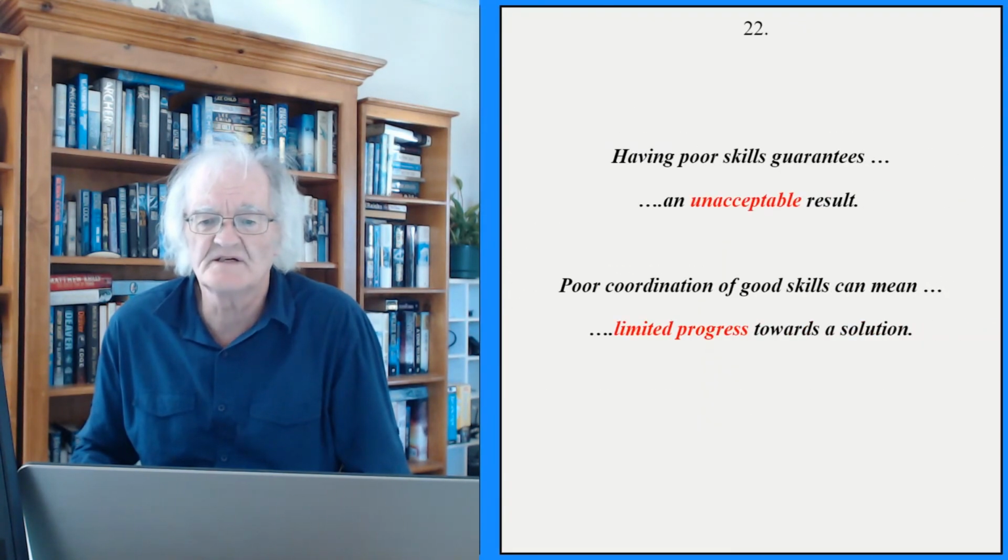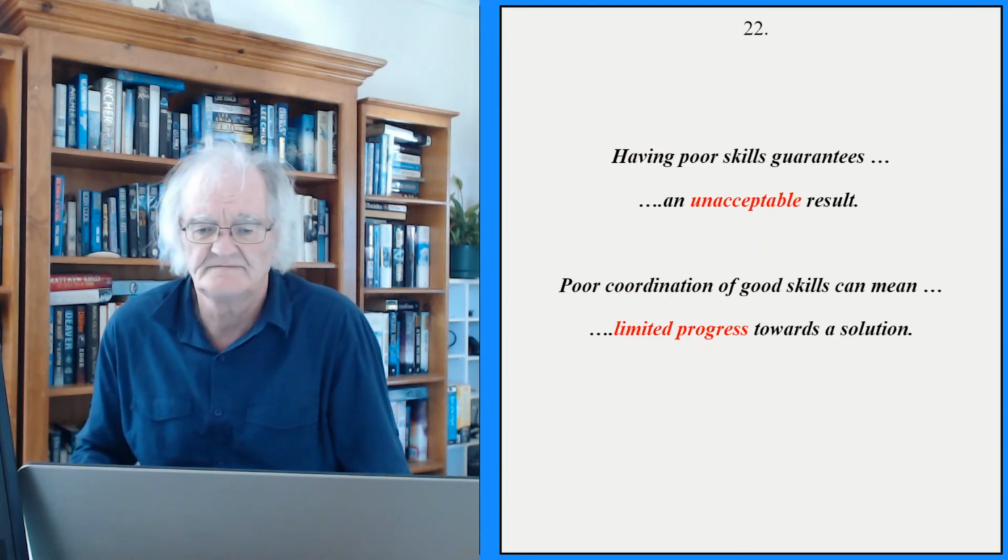Having poor skills guarantees an unacceptable result. Poor coordination of good skills means limited progress towards a solution. You have to know what to do and do it at the appropriate time.